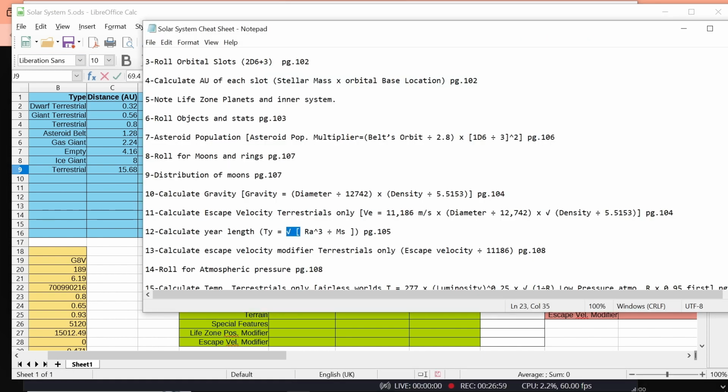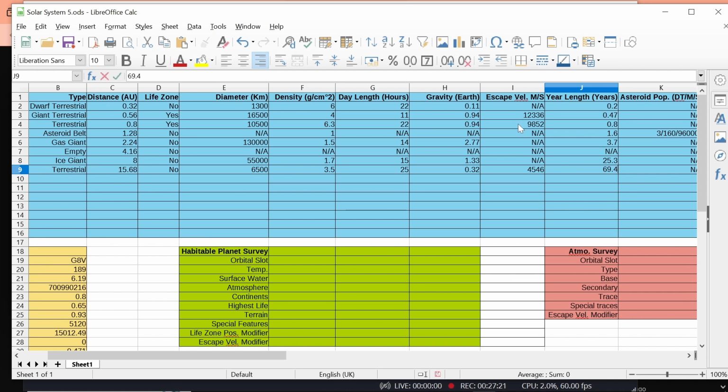Year length. Calculate escape velocity modifier for terrestrials only. So this is only for planets that might have an atmosphere. So the dwarf terrestrial, we're not going to do it for this one. We're going to just forget about the dwarf terrestrial. For the giant terrestrial, we will calculate it. For the terrestrial, we'll calculate it.